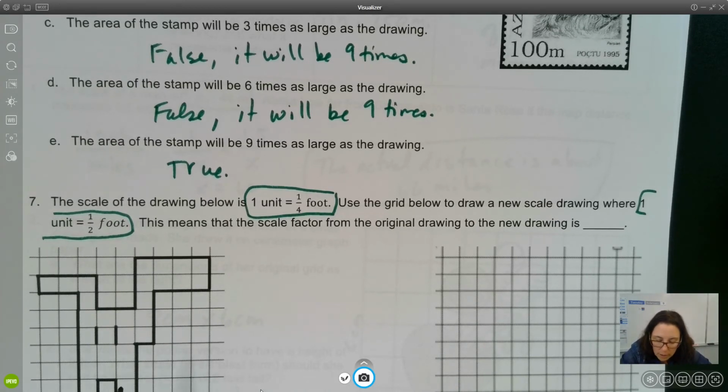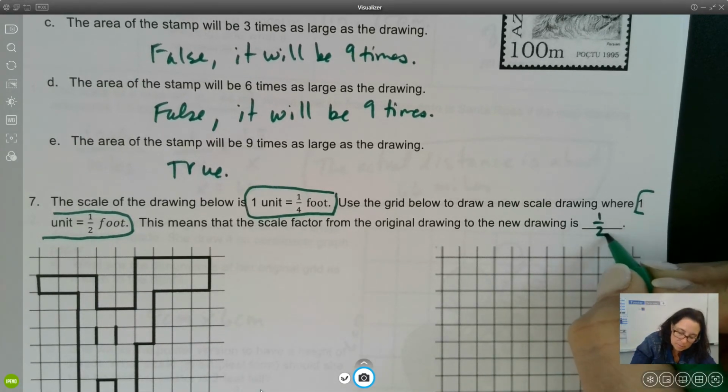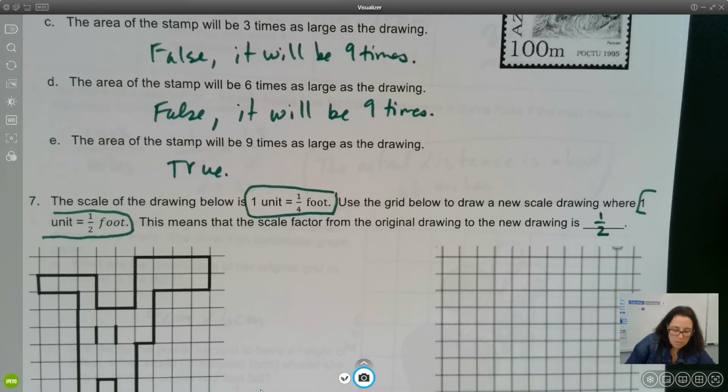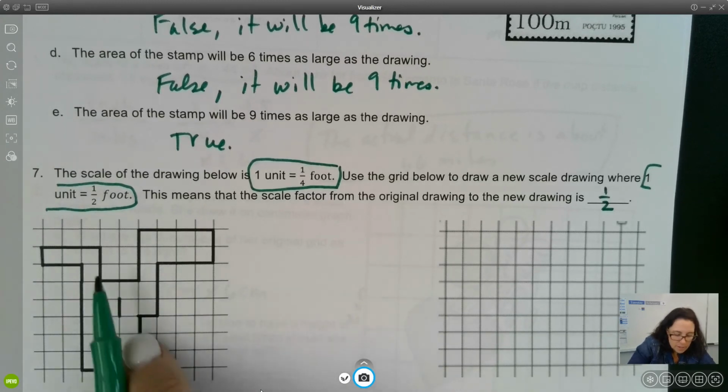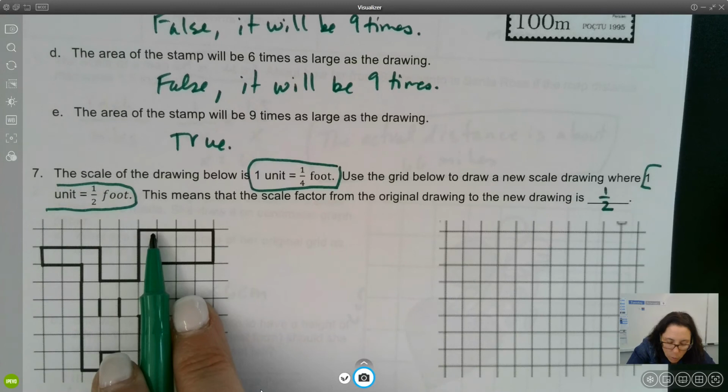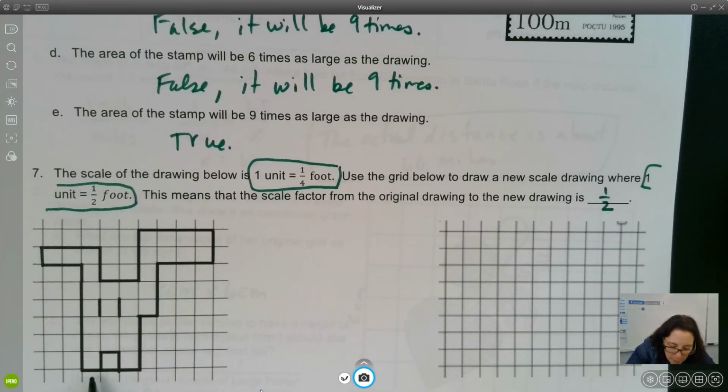So this is 1 unit is 1/4 foot. And then if we have 1 unit representing 1/2 of a foot, it's going to get smaller. So it has to be smaller than 1. Okay, so everything that you see here needs to be halved. Let's start here. 1, 2, 3, that would be 1.5.